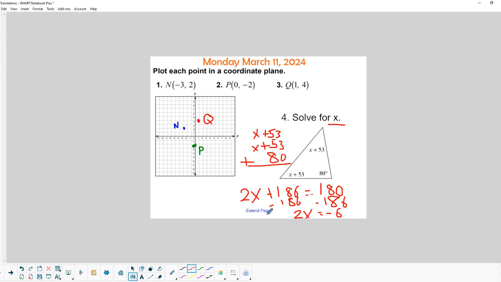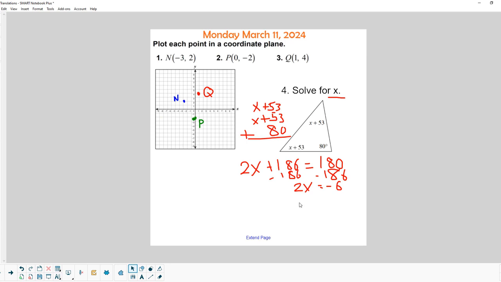And when we divide by 2, we get -3. So x is -3 in this particular case. And that's all there is to a problem like that. I know there was one on our last test that was similar to this problem.